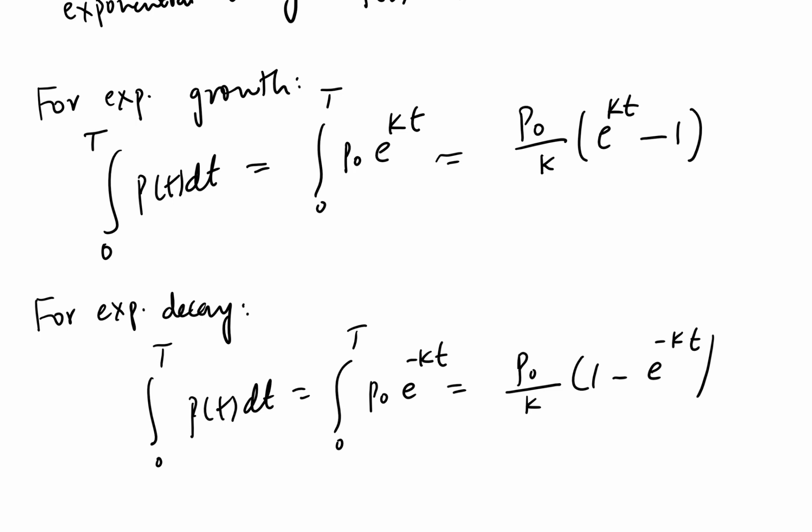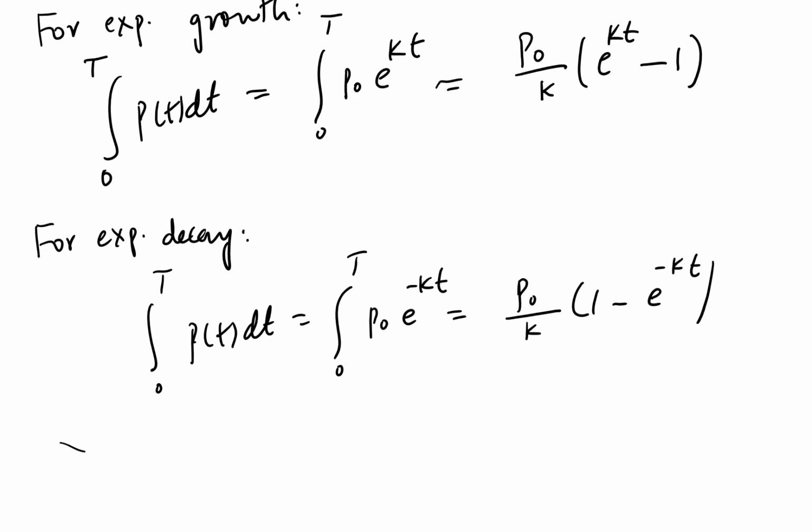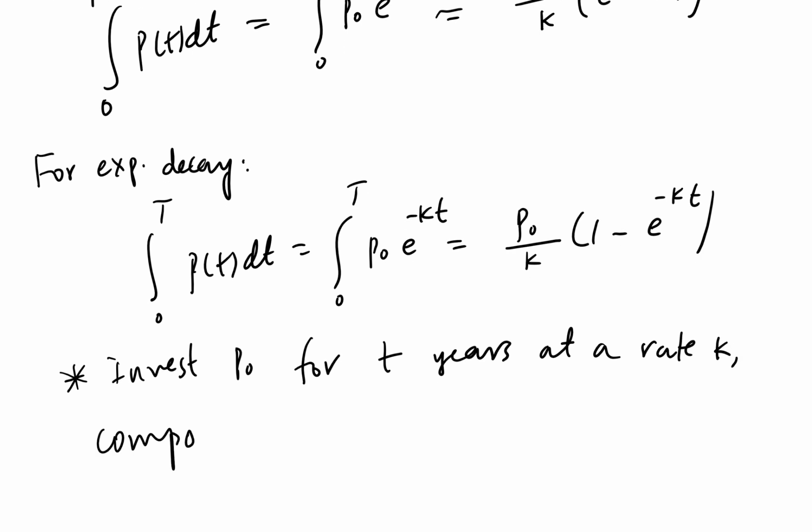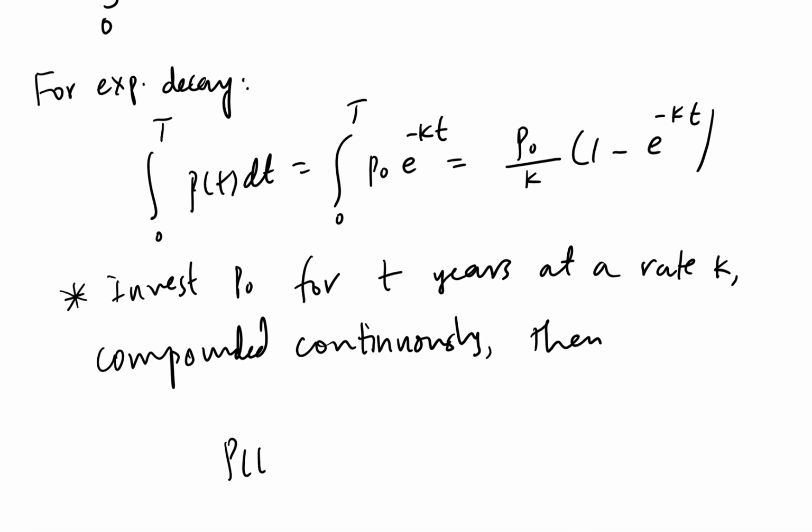Now, what do we need this for? First thing, recall as well from before. If you invest P0, let's say, for t years at a rate k, and this is compounded continuously, then this is from previous sections, P of t, the future value, is the original value times e to the kt.